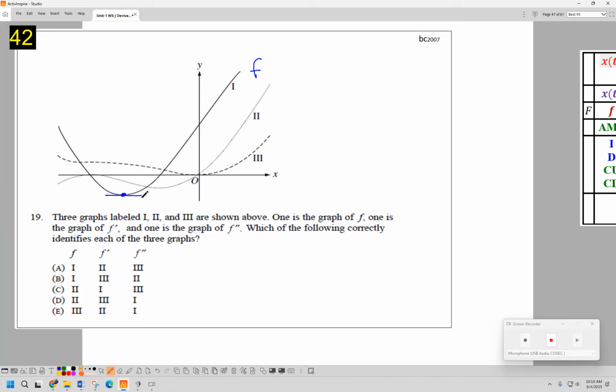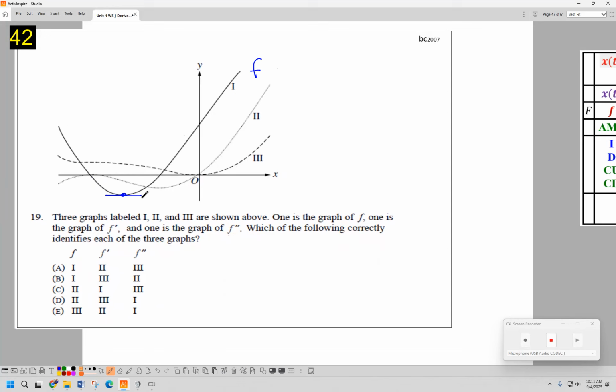Who knows what I'm talking about? Hands up. So if F has a slope of 0 there, what does F prime have at that same x coordinate? Let's go, Audrey. Wouldn't F prime be touching x equals 0? Y equals 0, but yeah.